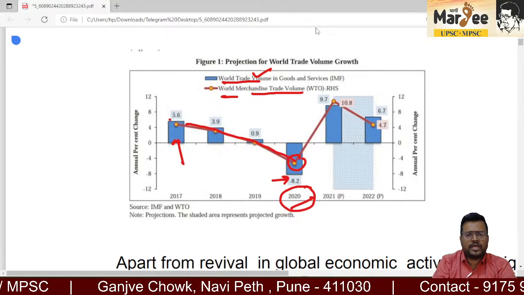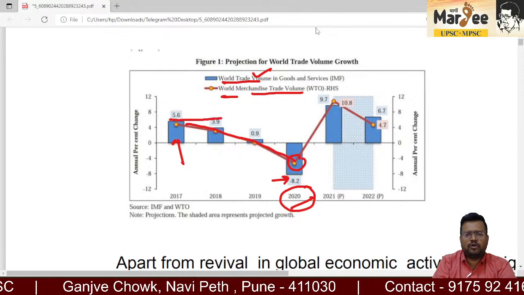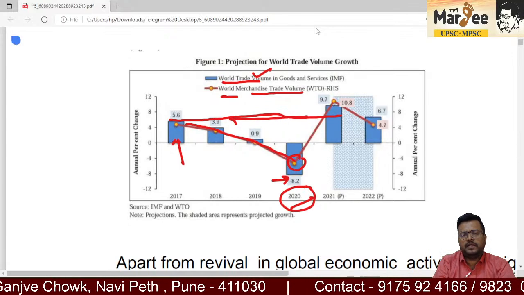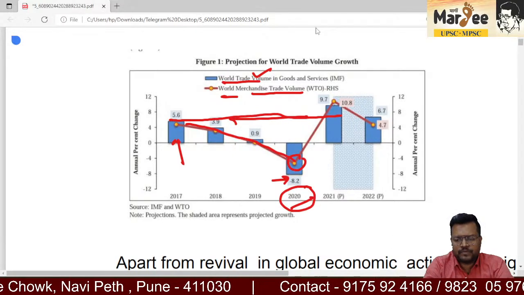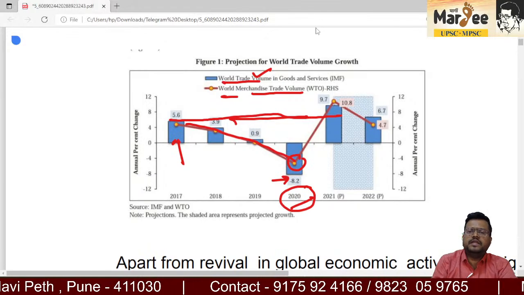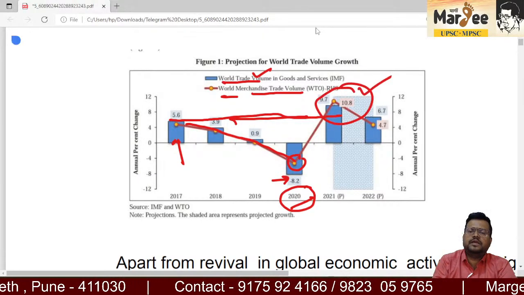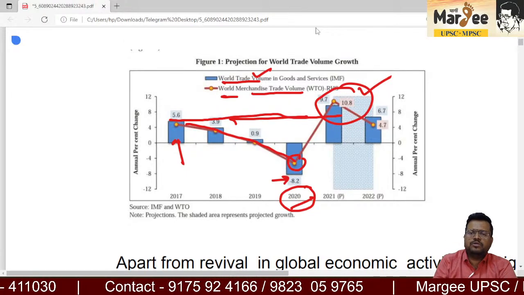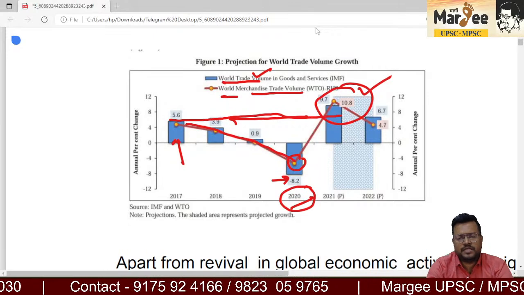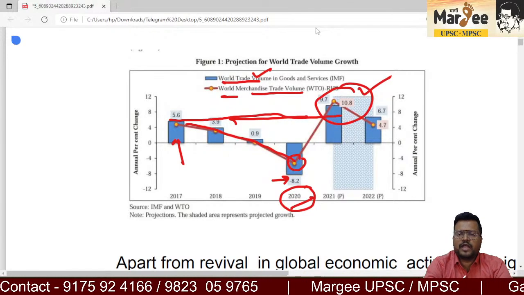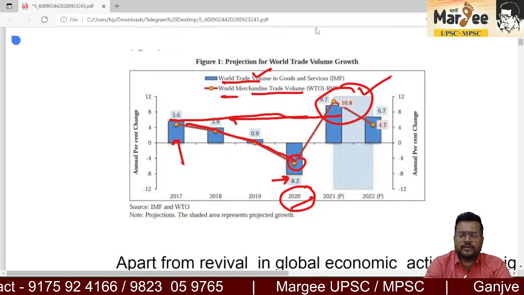And you can see the rate of growth is above the pre-pandemic level. But up to a certain extent, this increased rate is due to the lower base effect. इथे कमी होतं म्हणून इथे रेट जास्त दिसतोय. Still, it is a good sign for the global economy as it shows that the global economy is recovering.